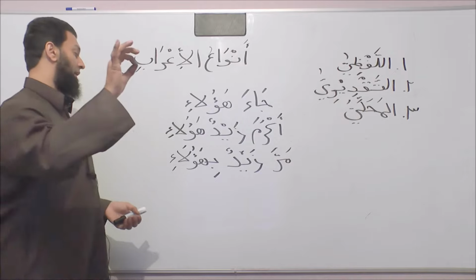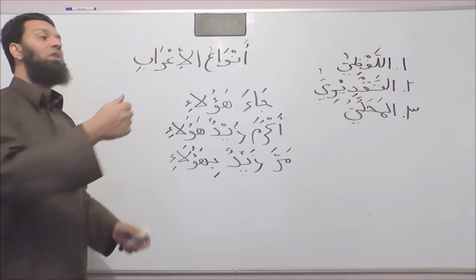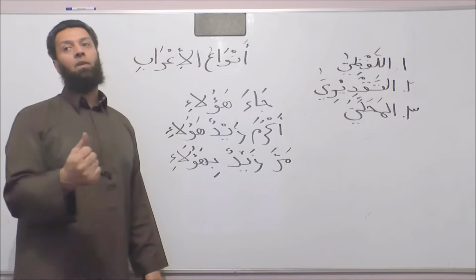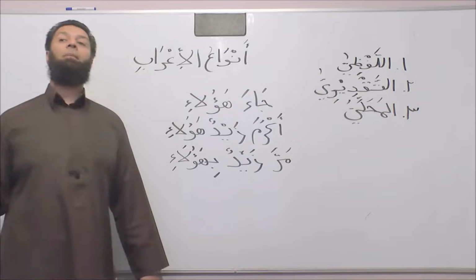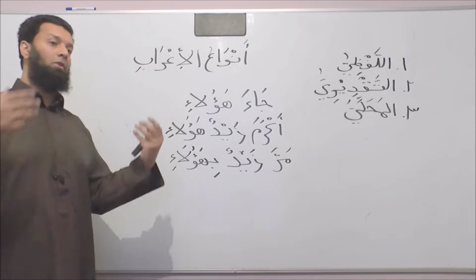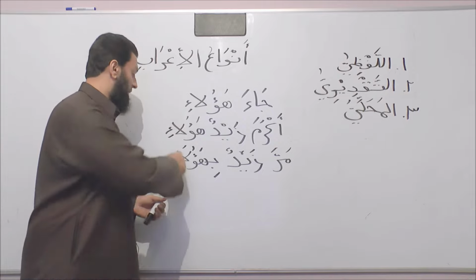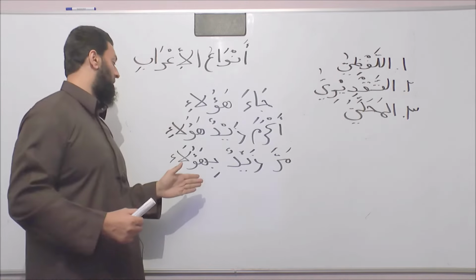Because being majrurun is for an ismun which is mu'rabun. And it's important to remember that. For an ism which is mabniyun, we don't say that it is marfu'un or mansubun or majrurun. So that's not the indicator for it being majrurun, rather that's its permanent state.